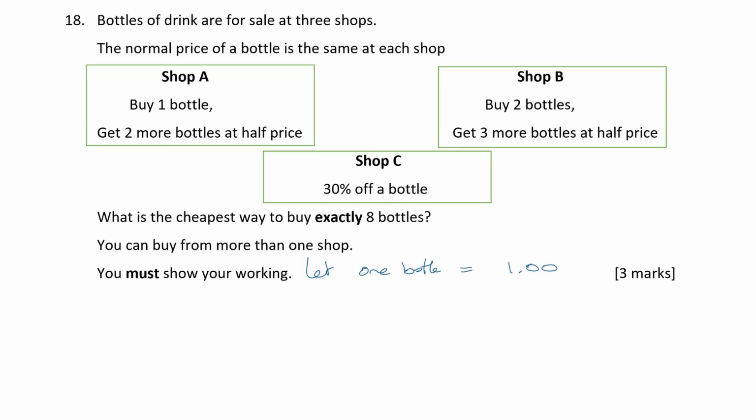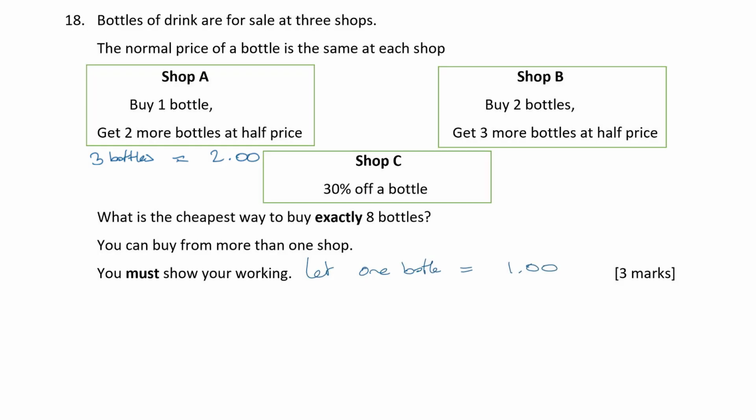So if I buy 1 bottle, I get 2 more bottles at half price. That means I'm going to get 3 bottles. I'm going to buy 1 bottle at full price, and I'm going to get 2 bottles at half price. So that's going to be £1 plus 50p plus 50p. So that's going to be £2, or 2 maths dollars, whatever it is we're using.